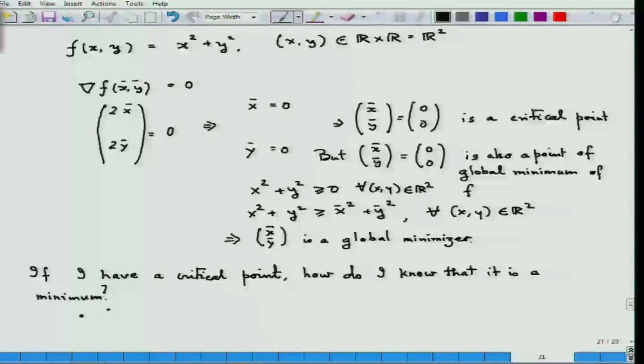First condition is that f is twice continuously differentiable.